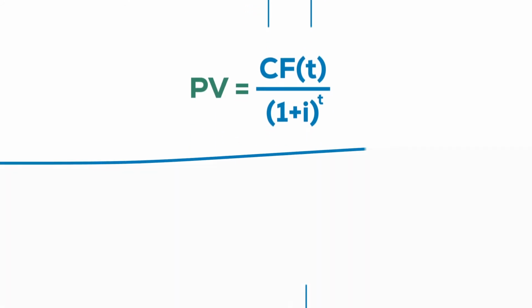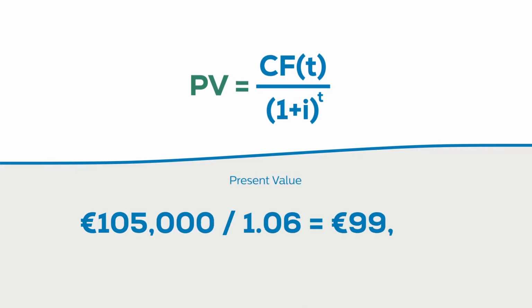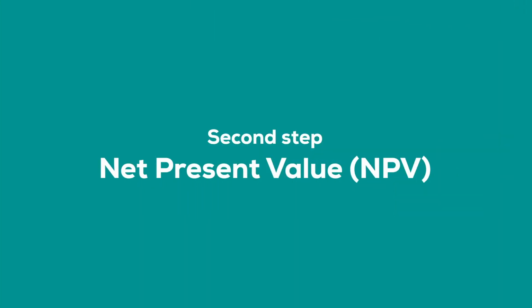In other words, €105,000 next year is the same as €99,057 today.